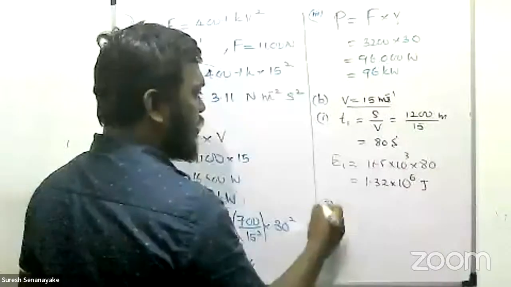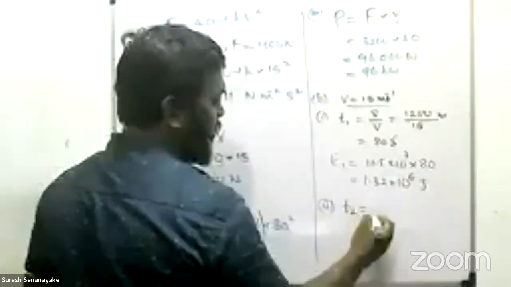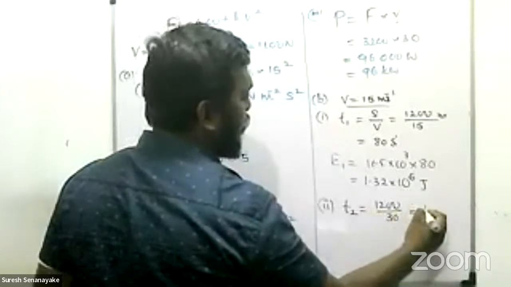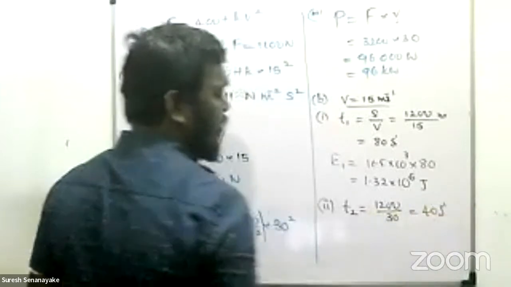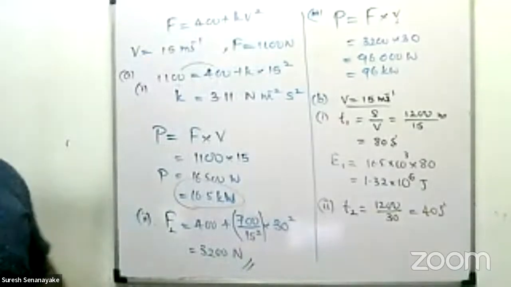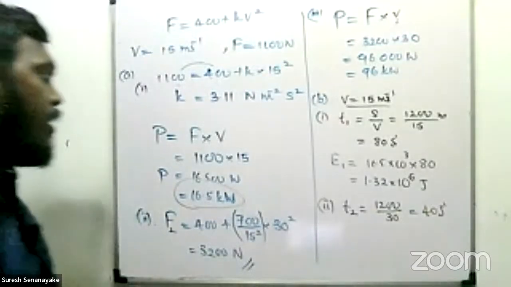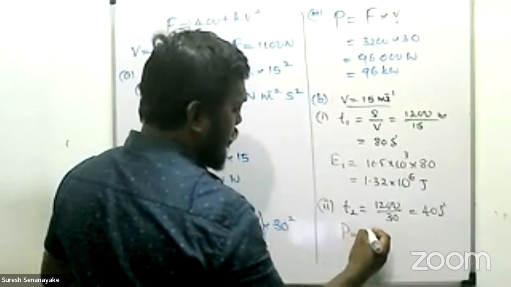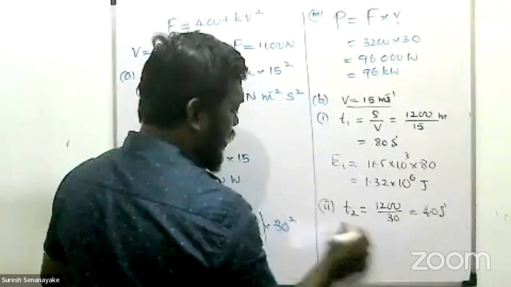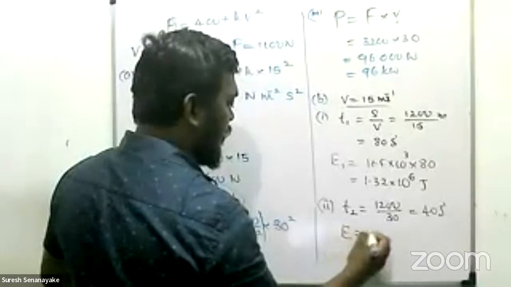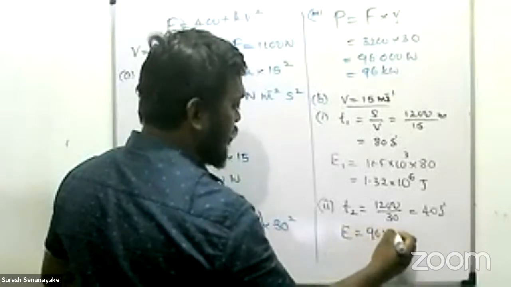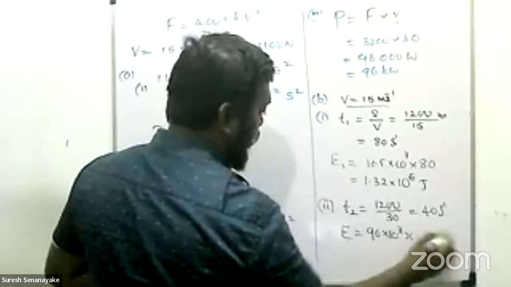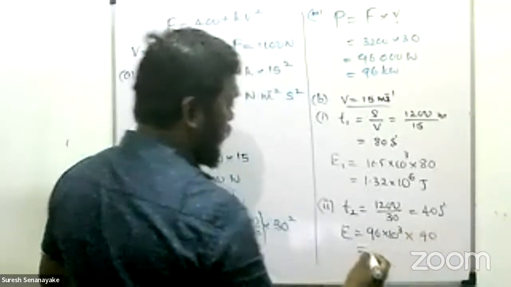And in the second case, the time taken is 1200 divided by 30, that is 40 seconds. It takes 40 seconds because it's moving faster, right? But the power it is working at in this case is 96 kilowatts multiplied by the time traveled, 40.